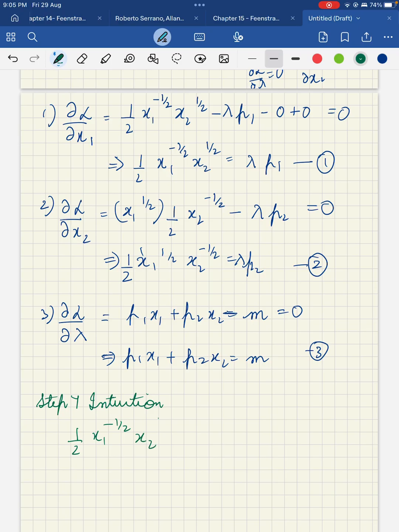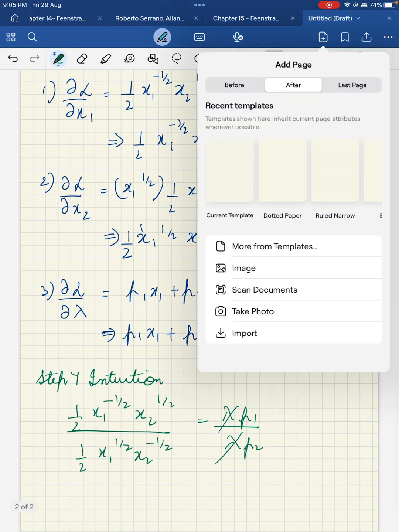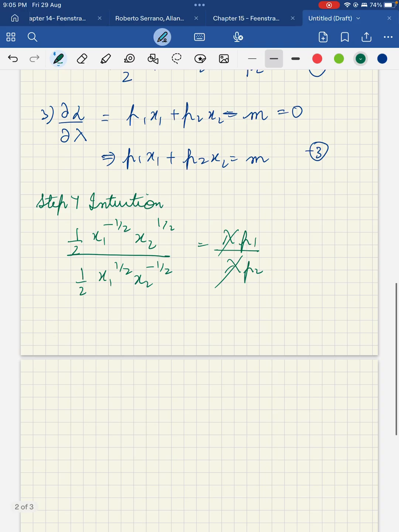So I get half x1 raised to the power 1 by 2, x2 raised to the power 1 by 2, divided by half x1 raised to the power 1 by 2, x2 raised to the power minus 1 by 2, is equal to lambda p1 upon lambda p2. Lambda cancels out. Half cancels out.